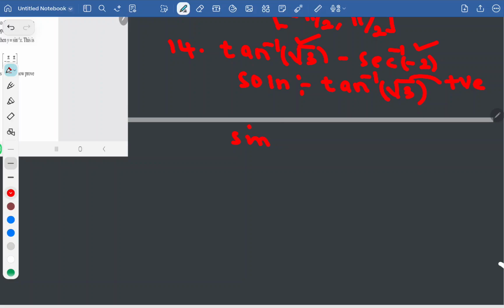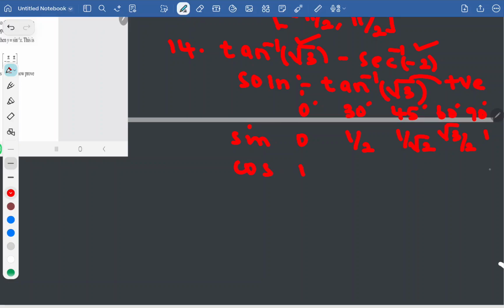First form the trigonometric table. 0 degree, 30 degree, 45 degree, 60 degree, 90 degree. Sin 0 is 0, sin 30 is 1 by 2, sin 45 is 1 by root 2, sin 60 is root 3 by 2, sin 90 is 1.